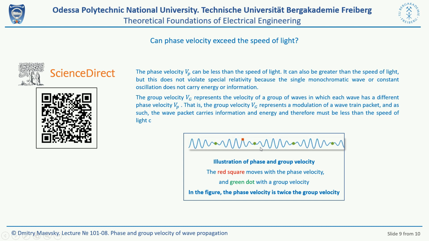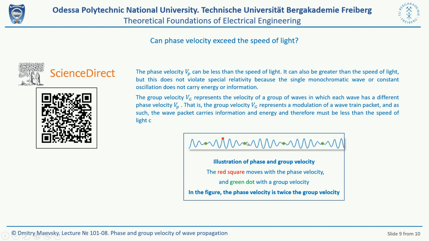The movement of such a wave packet is shown in this figure. In this figure, the red square marks the constant phase of oscillation, and the green dots mark the beginning and end of the wave packet. Look closely. The red dot is moving much faster than the wave packet itself.